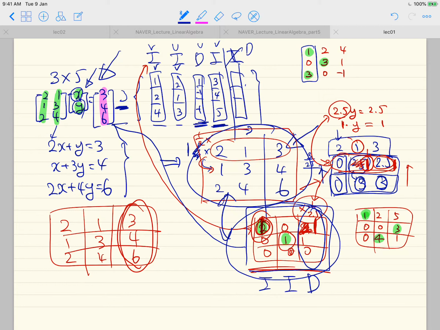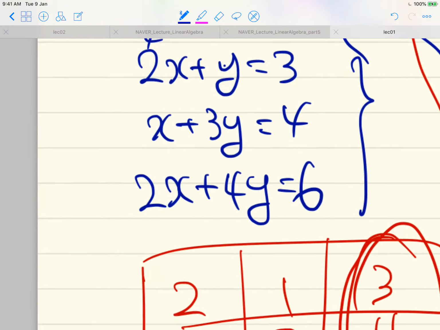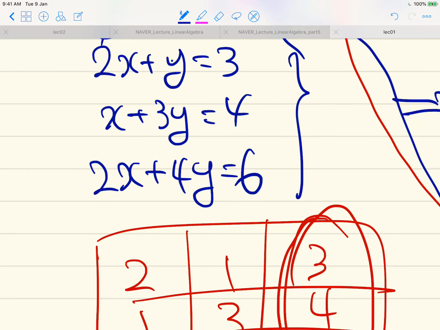All the transformations of row interchange, row scaling, or row replacement, those three operations that we did in the Gaussian elimination, are guaranteed not to change the solution. So what is the process of solving this equation?